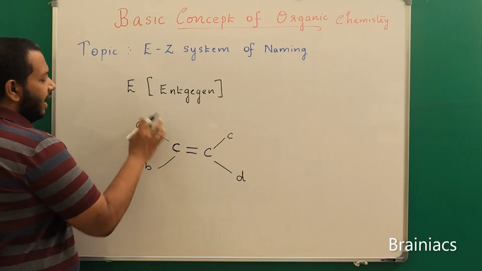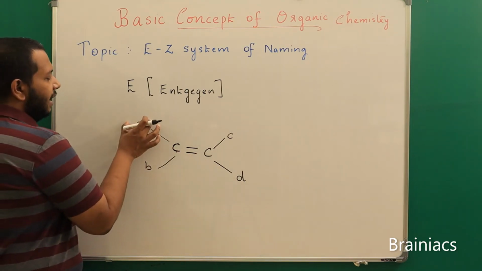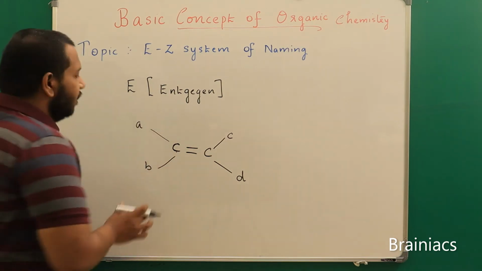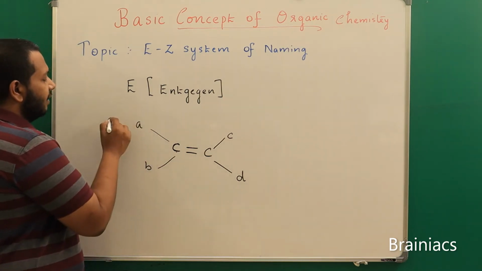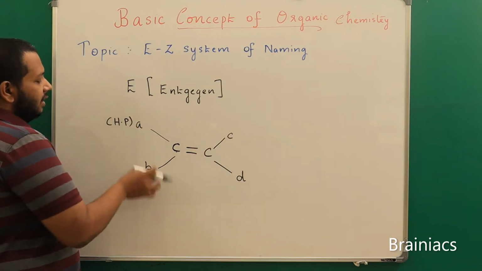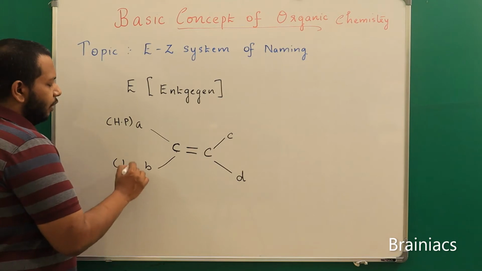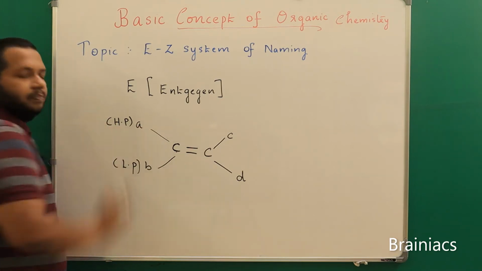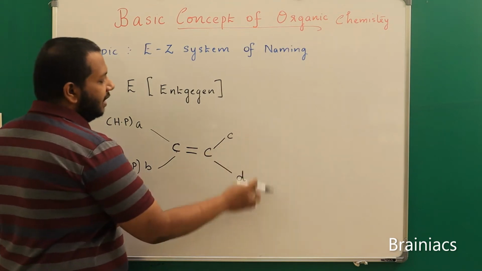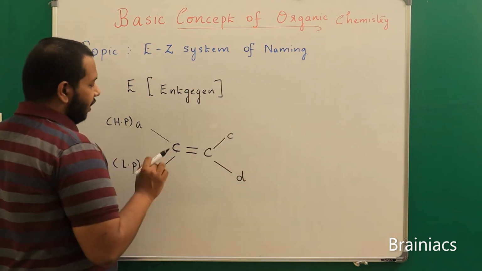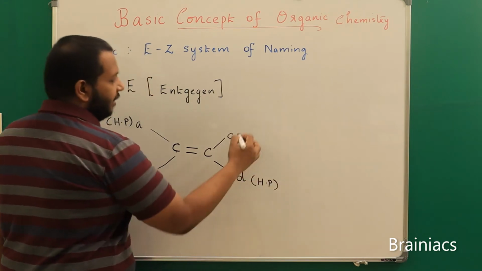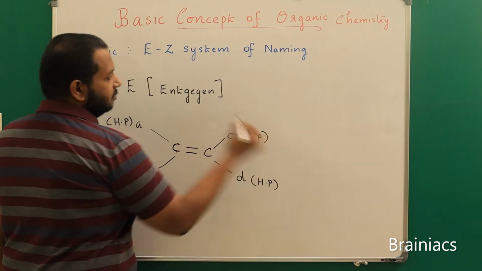To this one I have A and B. So I will assign either this one as high priority or this one as high priority. Suppose I assign this one as high priority, then surely this one should be low priority, because I am comparing A and B, correct? Next I compare C and D, and on comparing I understood that this is high priority and this is low priority.